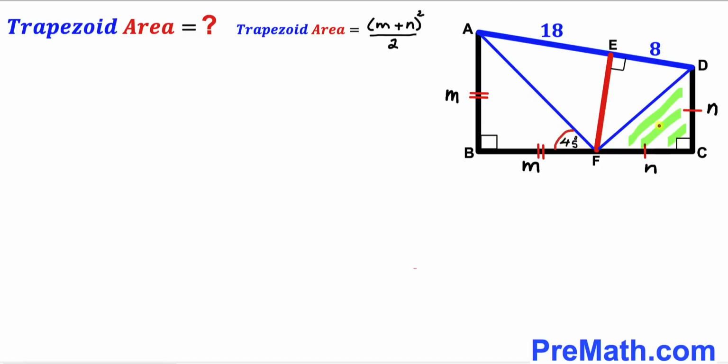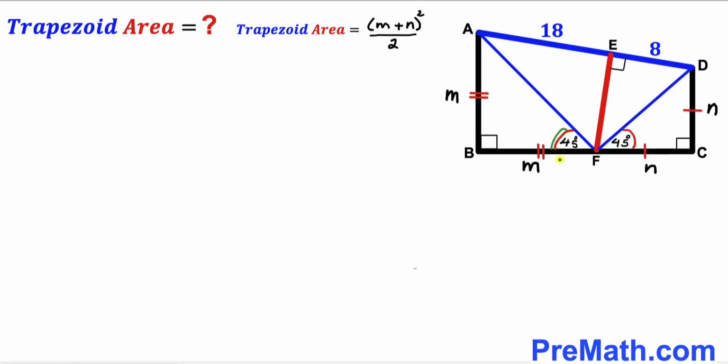Likewise, let's focus on this other isosceles triangle CDF. We know this is an isosceles triangle, so this angle has got to be congruent to this angle. If this angle is 45 degrees, then this angle has got to be 45 degrees as well. Now let's make an observation. We can see that this whole straight angle is 180 degrees.